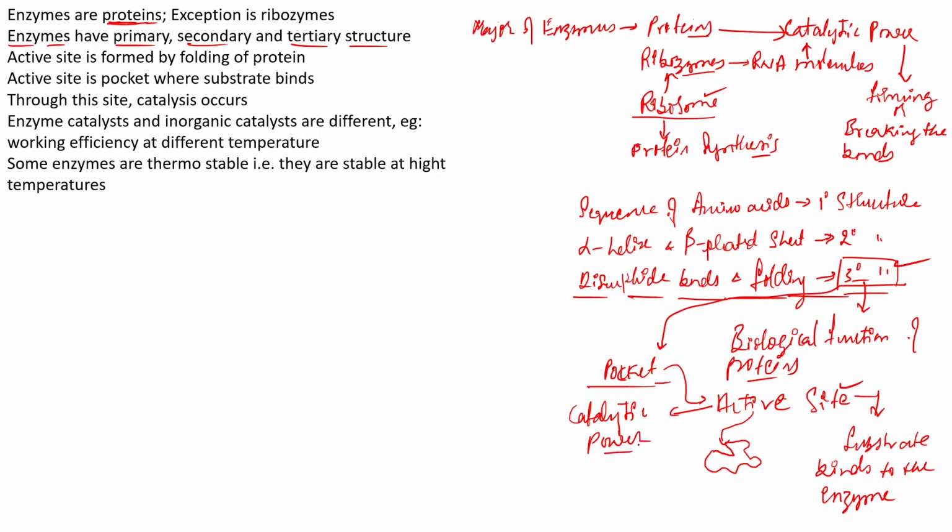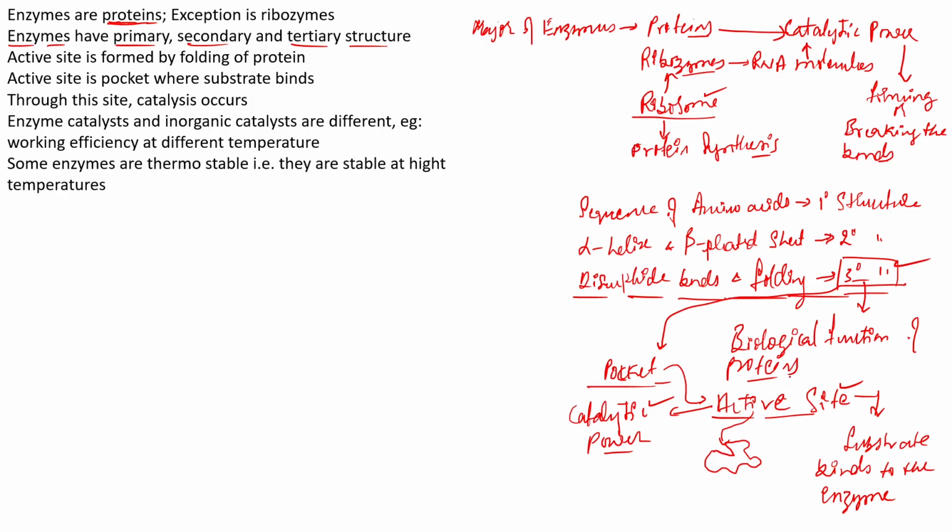Okay, so now we can say that the part or the region of the enzyme that is having the catalytic ability or catalytic power is none other than the active site. So we can say that not all or whole of the enzyme is actually having the catalytic ability.